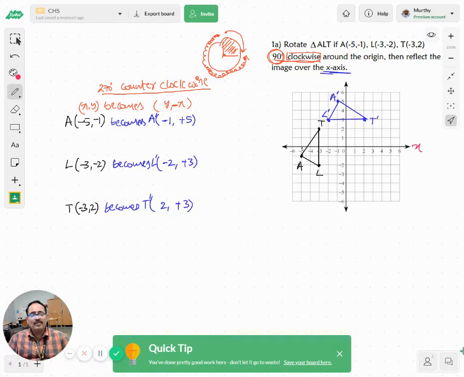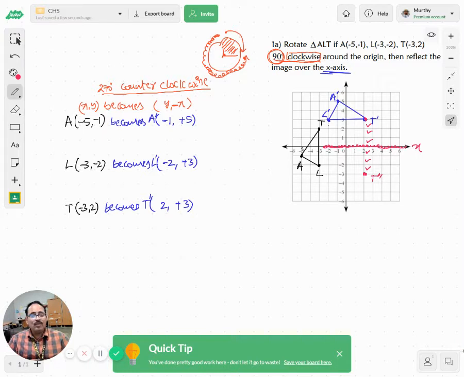If you take point T, 1, 2, 3, this is 3 units away from the reflecting surface, that is the x-axis. So you count 3 blocks, and here is going to be your T prime. Oh, this is a second transformation, so this is going to be T double prime.